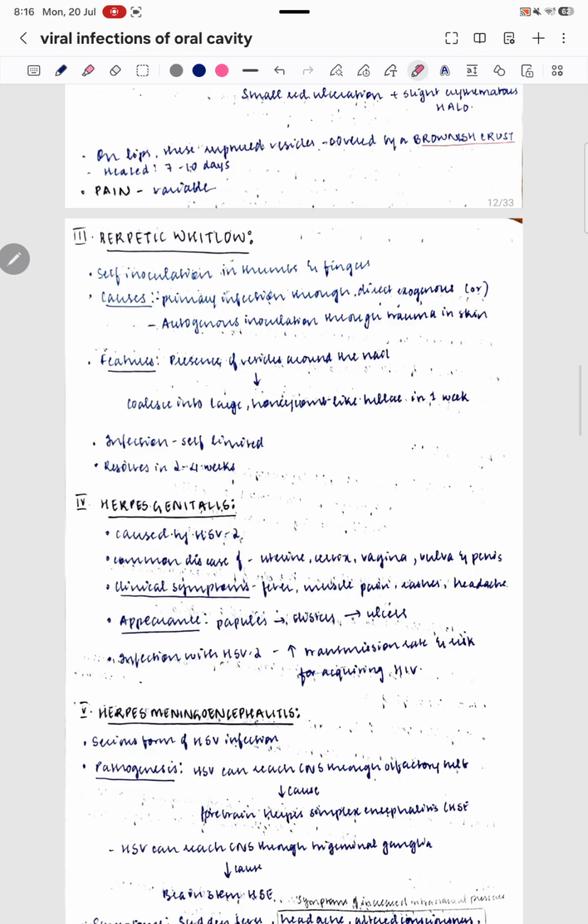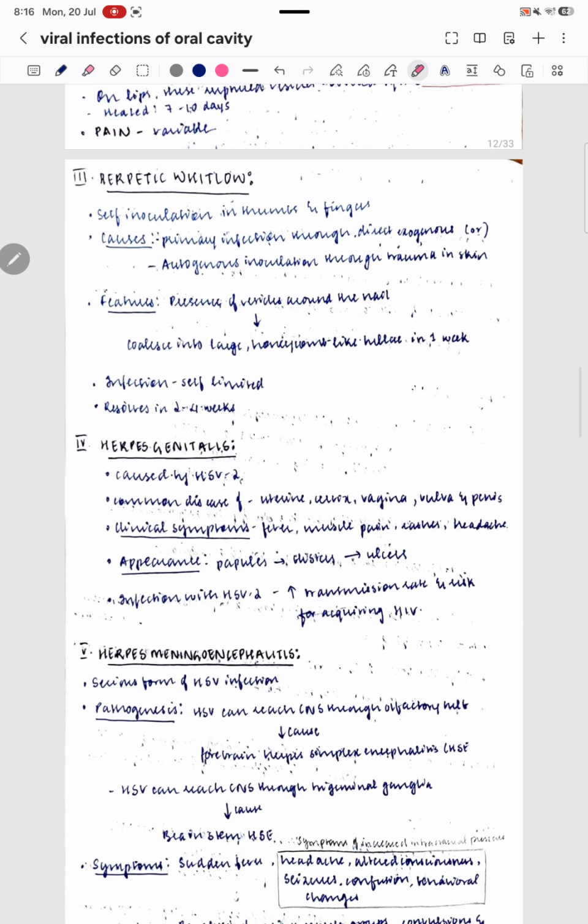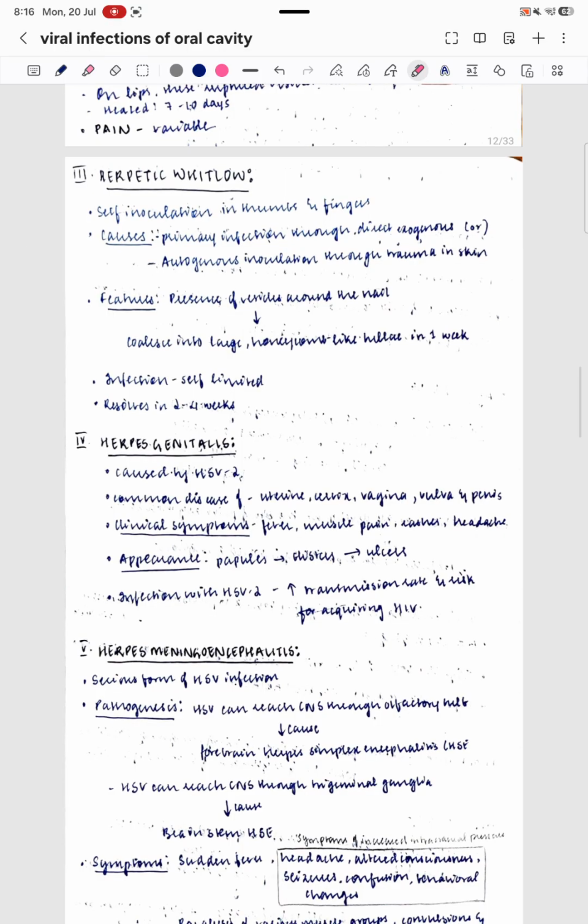Now what is herpetic whitlow? Herpetic whitlow is self-inoculation in thumbs and fingers. It causes a primary infection through direct exogenous or autogenous inoculation through trauma.